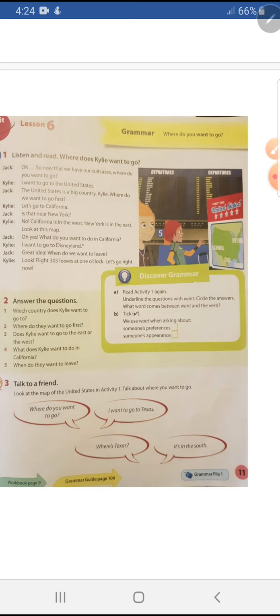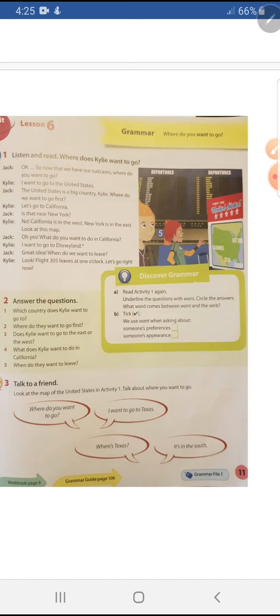So, to ask about preferences, we add a WH question and the verb want, and we answer with want plus to plus the verb in the infinitive form. For example, where do you want to go? And so on.